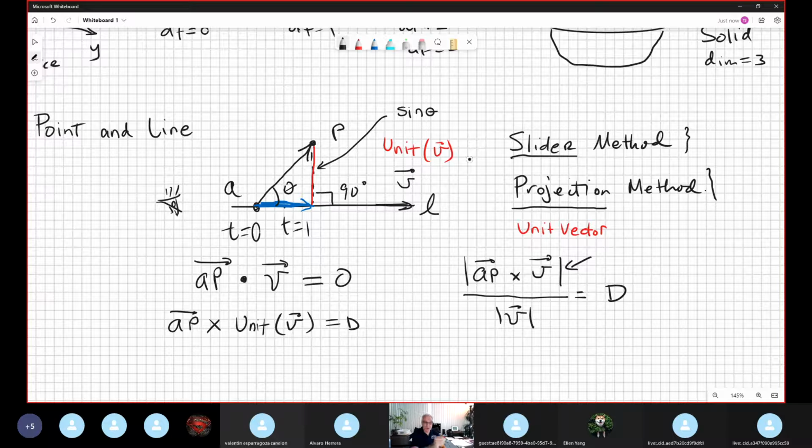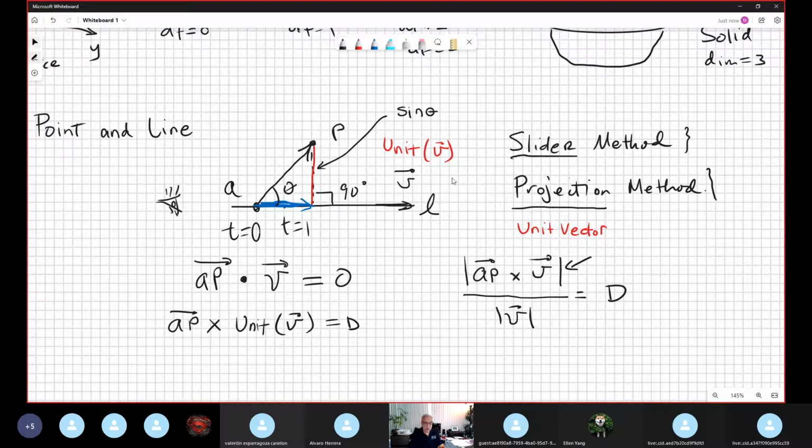Sometimes it is cross product or dot product, depending on the position of the segment distance you are looking for and the vector you have in my hand. In this case, they are perpendicular because the B vector is perpendicular to the segment distance, therefore it is cross product. But in another example, which I promise you will see in a few seconds, it is parallel. So if it is parallel, then dot product is much better.